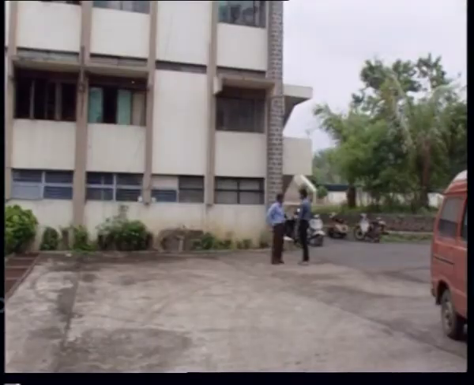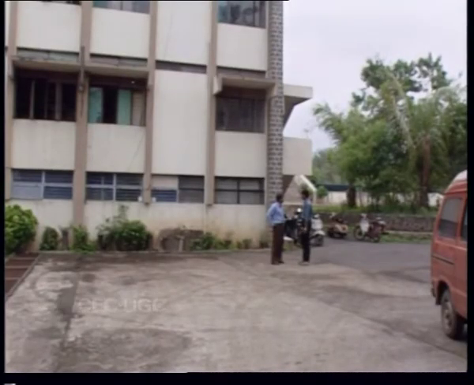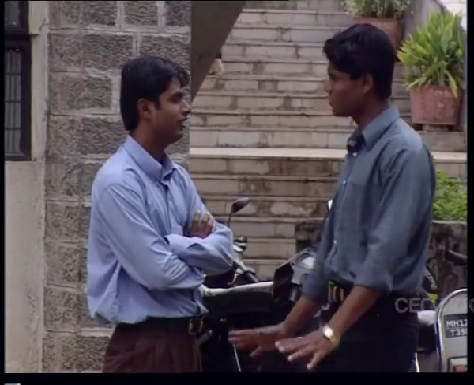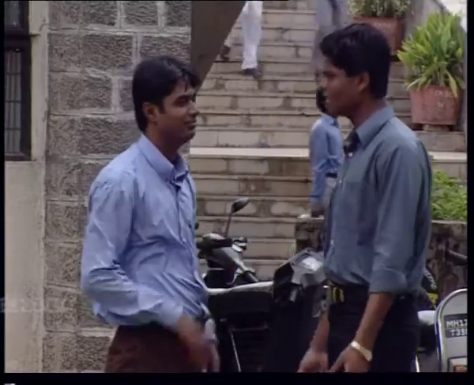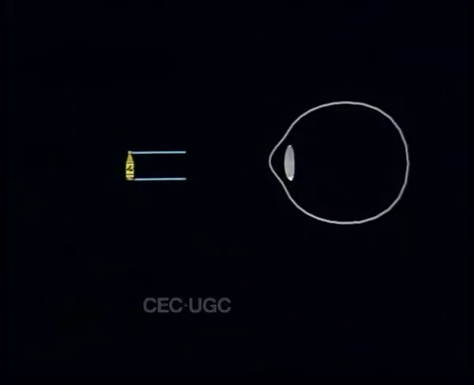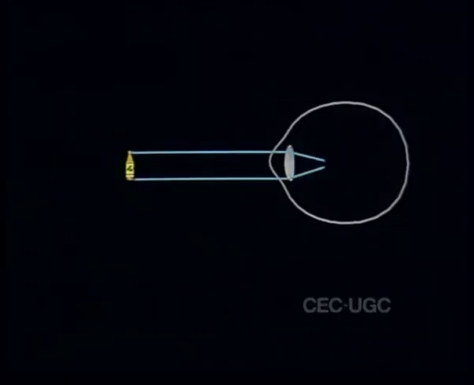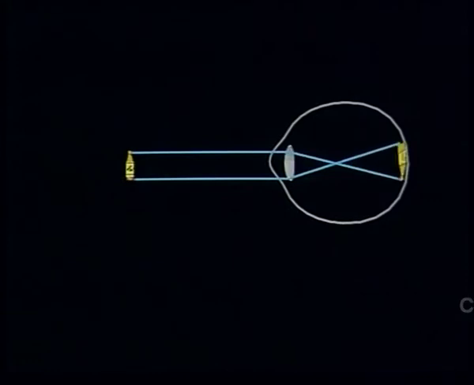In myopia, conditions reverse. Distant or faraway objects seem blurred, but nearby objects are seen clearly. Myopia occurs when the eyeball is long from front to back. Therefore, only the images of nearby objects focus on the retina.